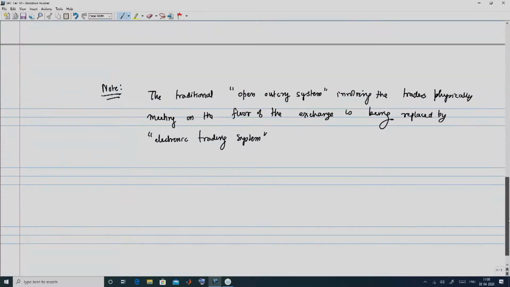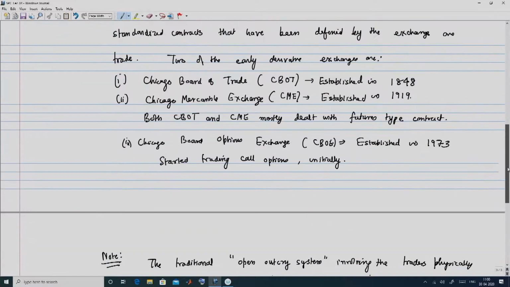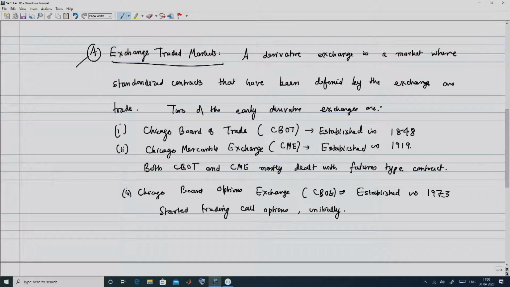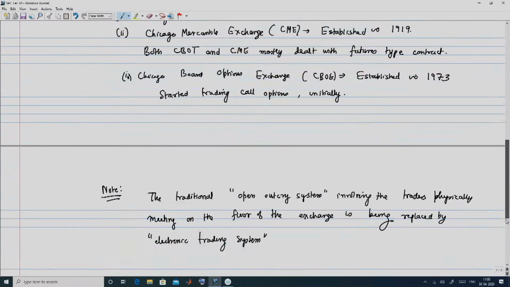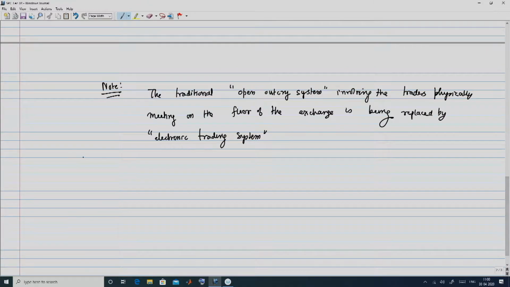All right. So, these are the two main points that I had to discuss about the exchange traded markets, and now I want to move on to what are known as the over the counter markets, or OTC markets.